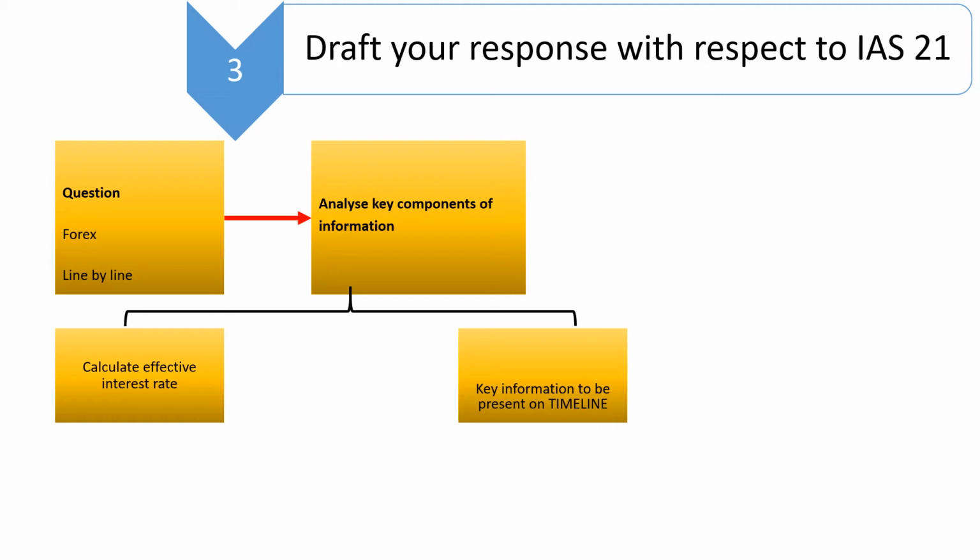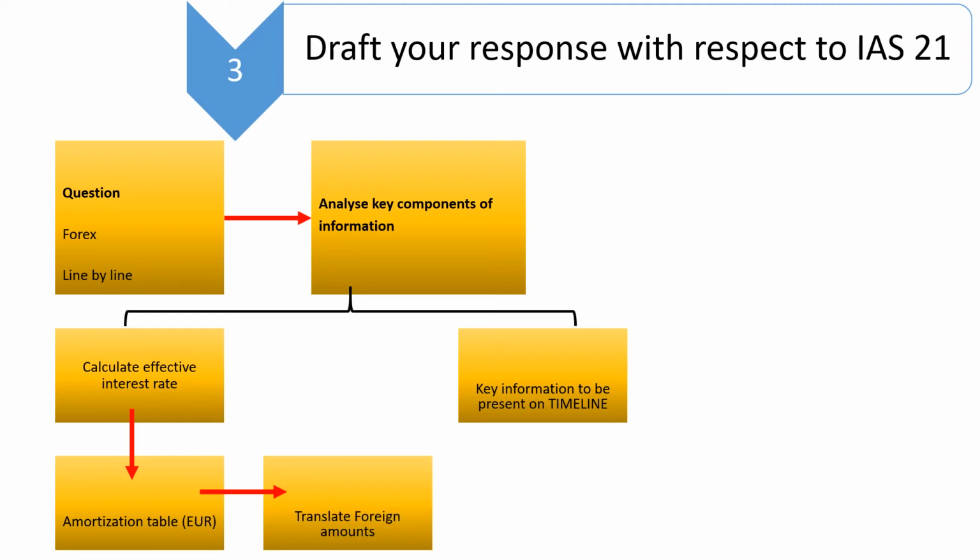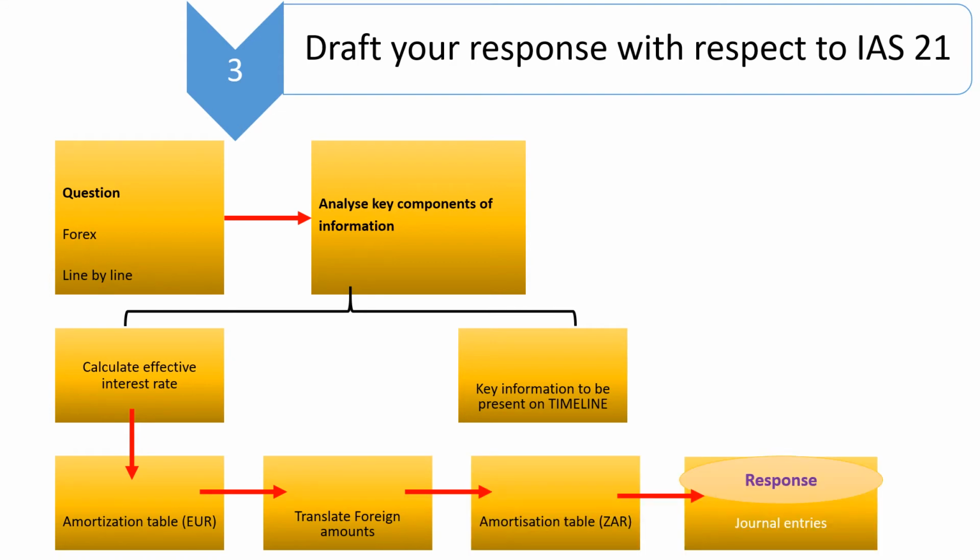We will also need to ensure that key information is present on the timeline in order for us to do this. We will first need to capture data on an amortization table in euro, and then we will need to translate this data into ZAR, and only once we have the information in ZAR will we then be able to respond by providing our journal entries.